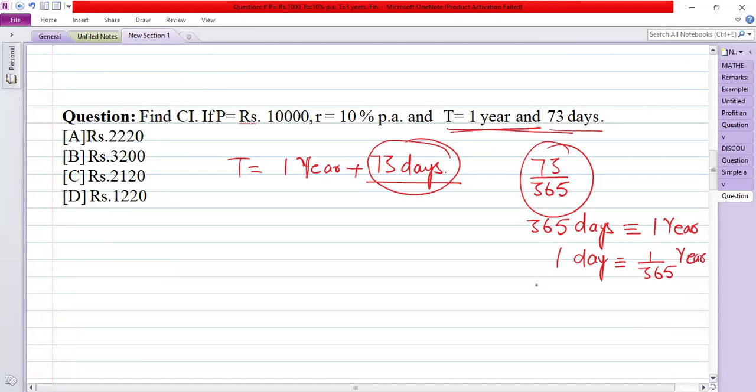So if it is 73 days, then that will be 1 by 365 into 73, means in 73 days it is 73 divided by 365 years. And obviously here we are assuming that in 1 year there are 365 days.